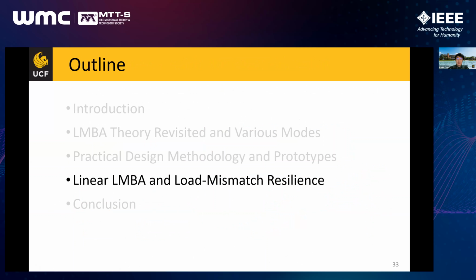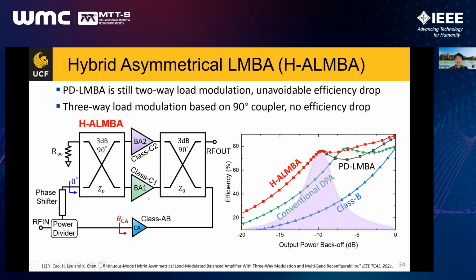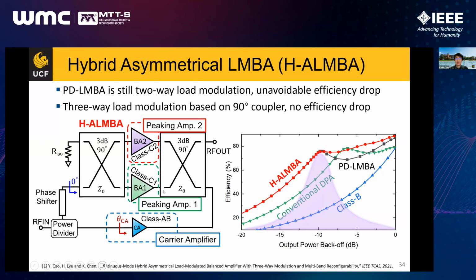In the next section, I'm going to further introduce how we can make LMBA linear and load mismatch insensitive. To make a linear LMBA, I'm going to introduce another high-order load modulation mode derived from the PD-LMBA. Here we set the control amplifier as the carrier, BA1 as the primary peaking, and BA2 as the secondary peaking.